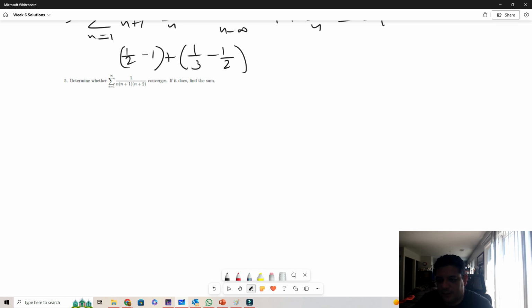And this is likely a convergent series, especially because it has a lot of different things in here. So it's a big power. This is 1 over n squared plus n times n plus 2.